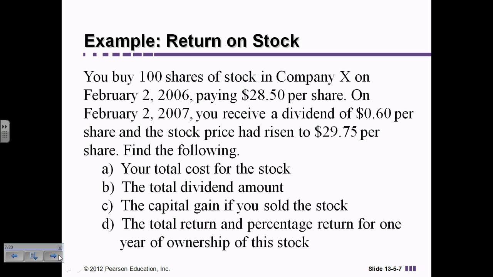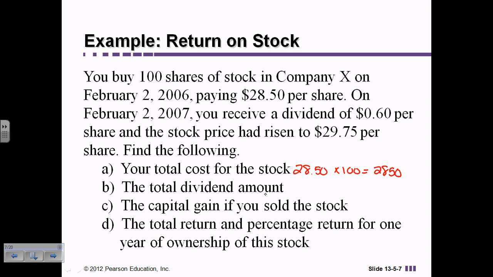So the first thing we want to know is how much is the total amount of cost for that stock. In other words, how much did you pay for the stock? So you paid $28.50 for 100 stocks, so it's multiplied by 100. That means you paid $2,850 for your stock.